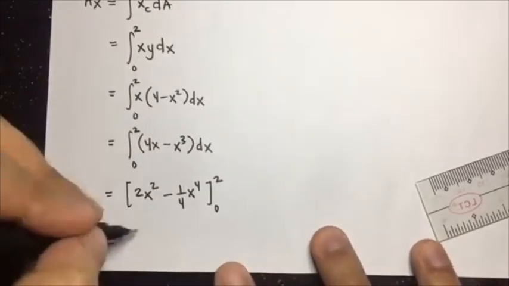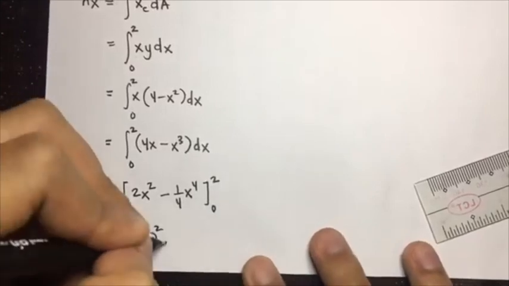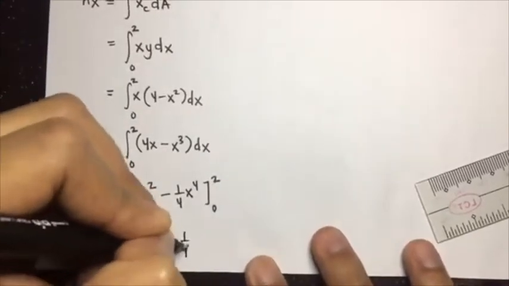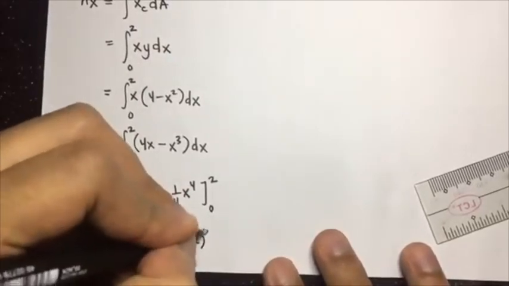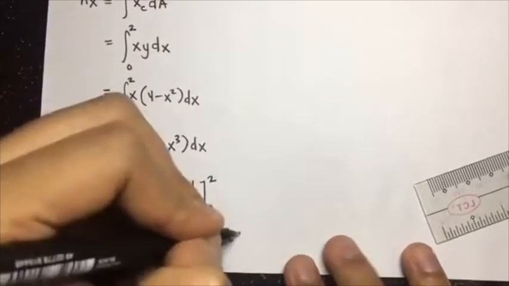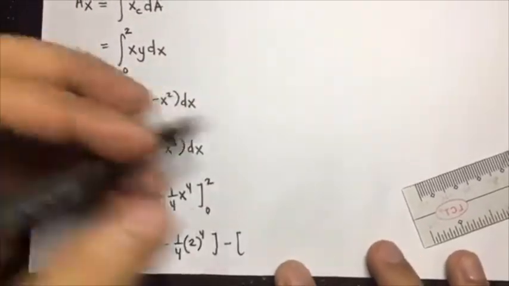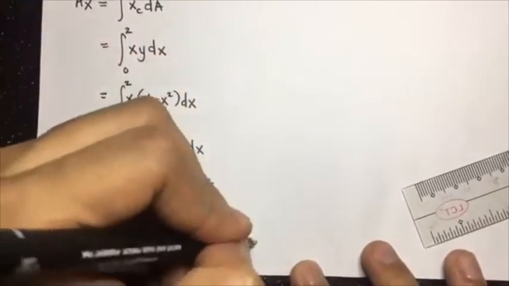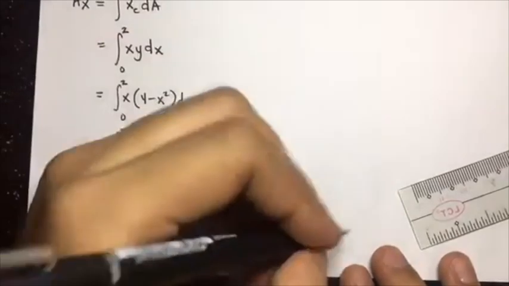Substituting the limits, we have 2 times 2 squared minus 1/4 times 2 raised to the power of 4, minus, substituting 0, which obviously becomes 0.